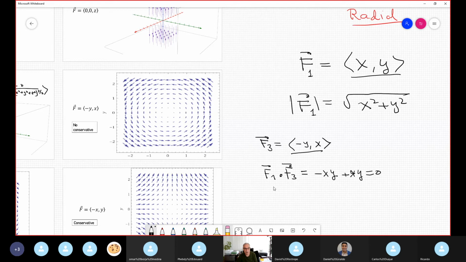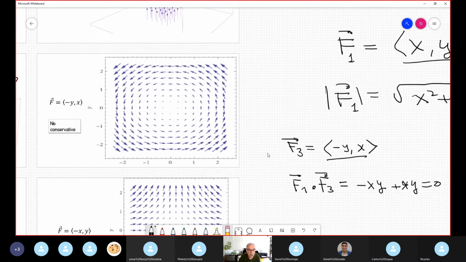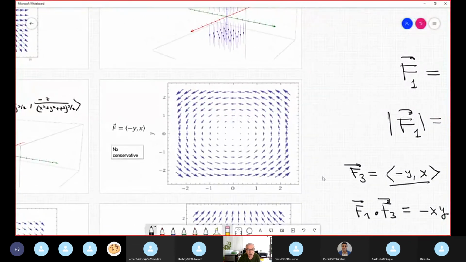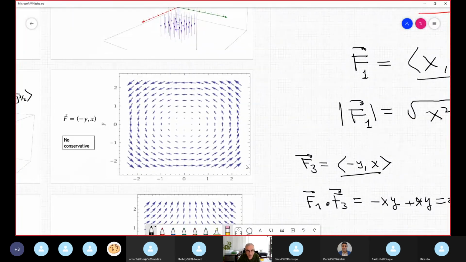Okay, remember, the other vector field that we studied, I remember, okay, this and this are orthogonal. Okay, the other vector field that we studied at the beginning is totally radial, remember, no? Now in this case, no. In this case, it is orthogonal.